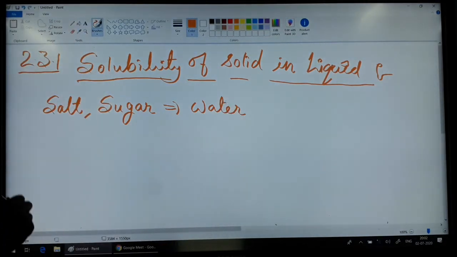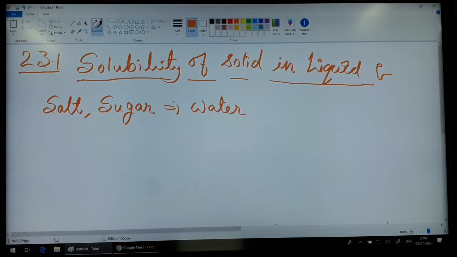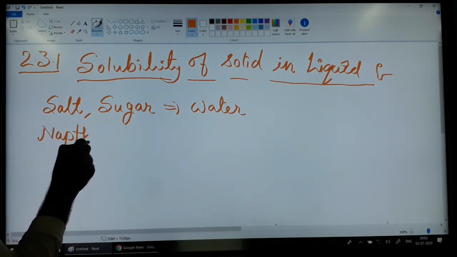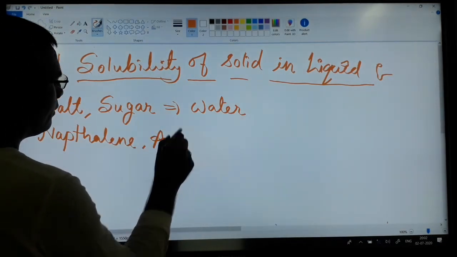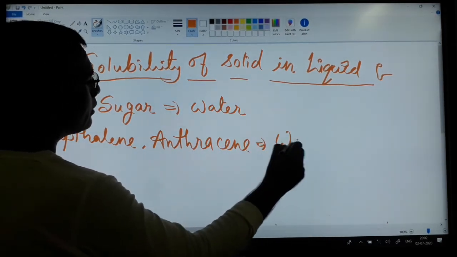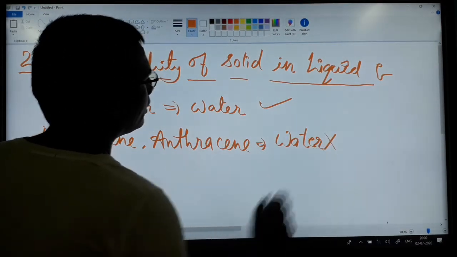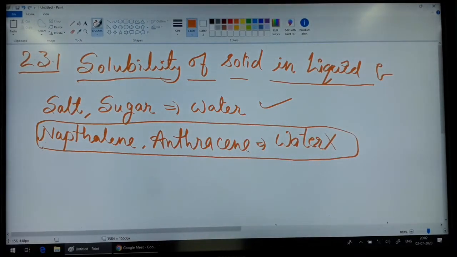But if you are asked to dissolve any example of organic nature, that is naphthalene or anthracene, in water, it is not possible. You are not able to dissolve naphthalene or anthracene in water.